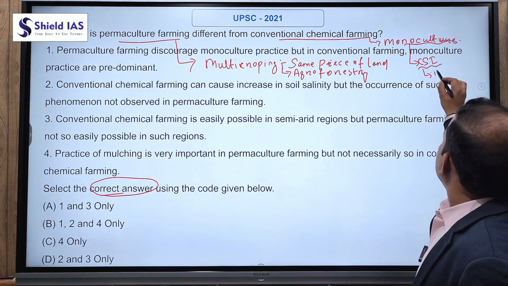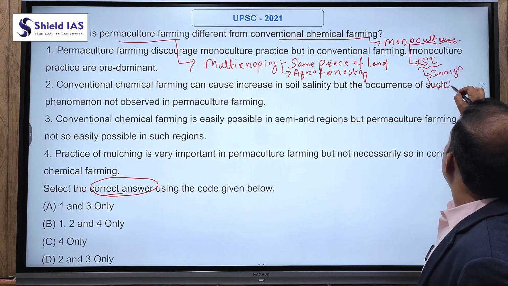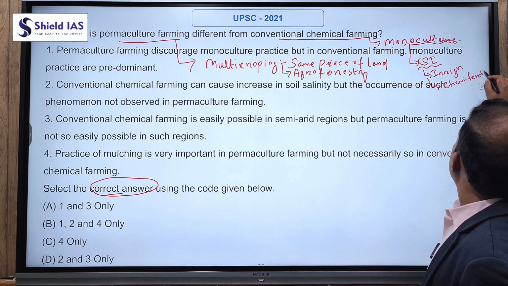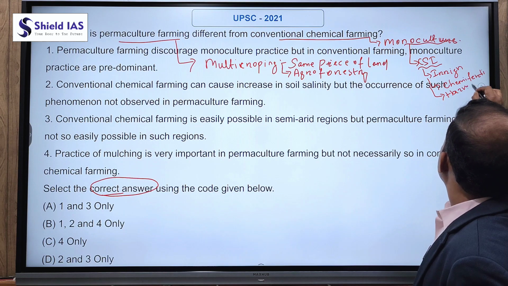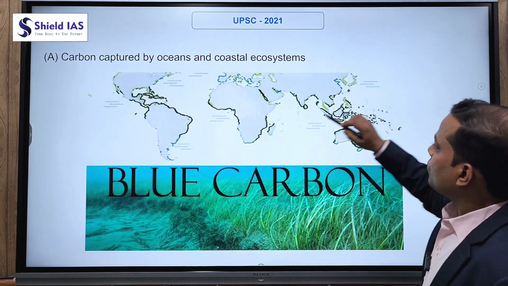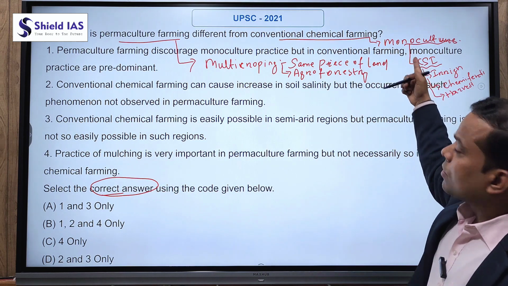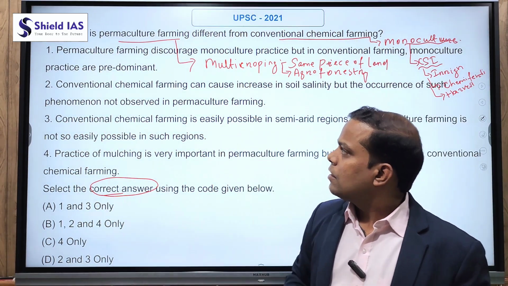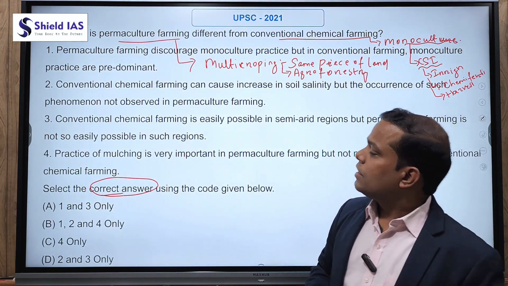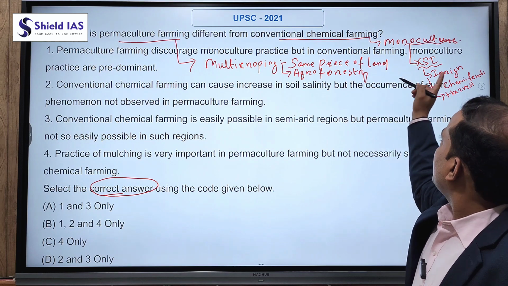These are irrigation, chemical fertilizer, and also harvesting methods. So these are components of monoculture, crop-specific inputs.